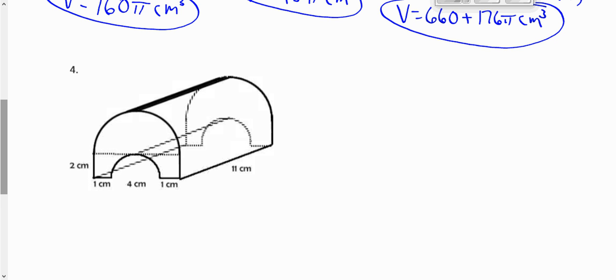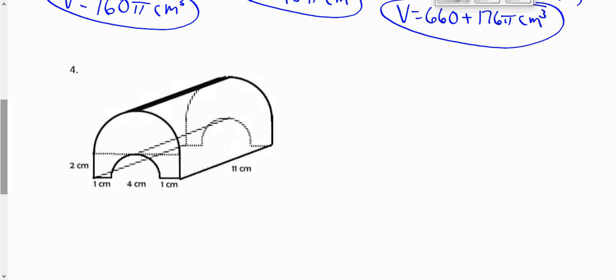How many solids here do we have to deal with in number 4? Would it be 3? I guess maybe because I said solid, the third one is just air, right? That you have to do what with? Subtract it, right? What are the 3 solids we have to deal with?